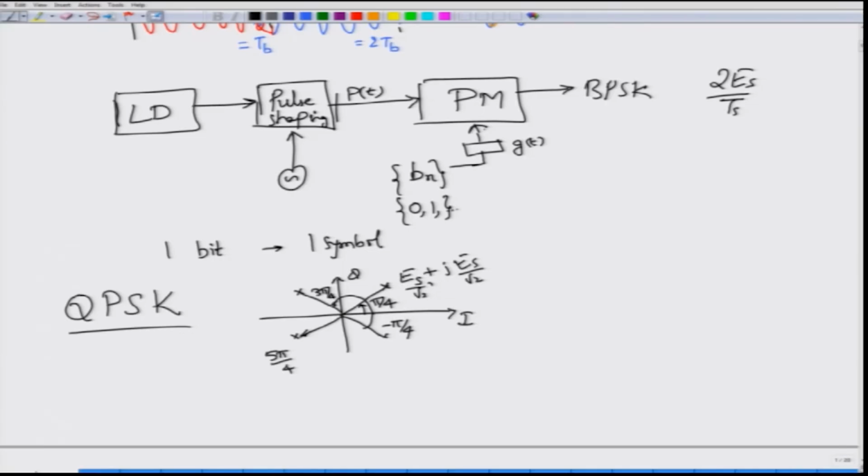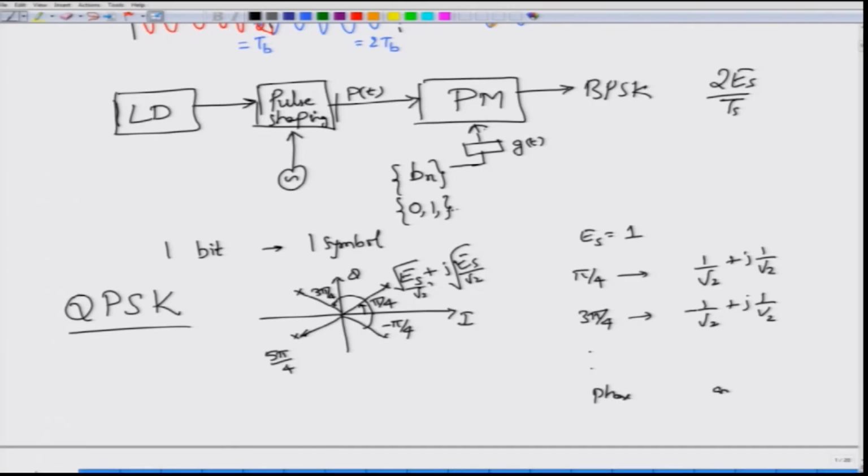If I take Es equal to 1, some sort of normalization that I can do, then the point corresponding to the pi by 4 angle is located at 1 by root 2 plus j 1 by root 2, and 3 pi by 4 is located at minus 1 by root 2 plus j 1 by root 2, and so on. I will leave the other two as exercises for you to complete the phase to complex amplitude mapping.